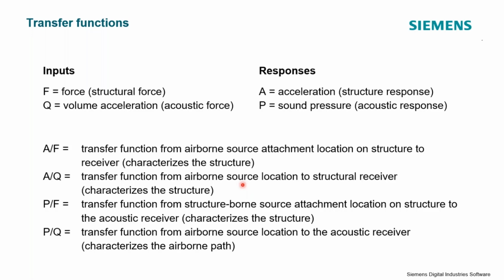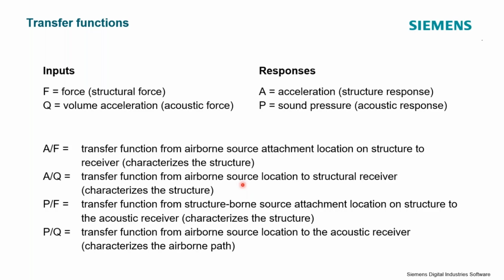You could also have an A over Q, where I'm measuring the acceleration on a structure due to an acoustic force. If you imagine that interaction between a loud sound or a sound source actually sending those sound waves out, causing the structure to shake a little bit, we could then measure that airborne, structure-borne interaction with an A over Q. Also have a P over F, which is a pressure per unit force.